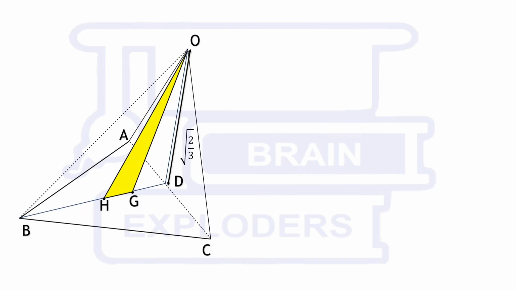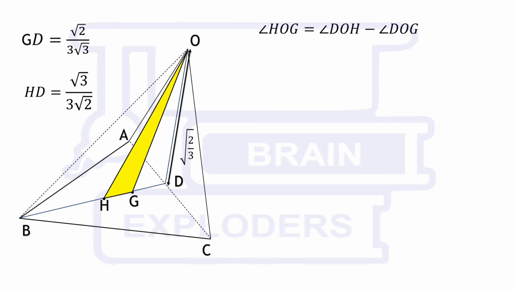Now we have this final figure with GD is equal to root 2 over 3 root 3 and HD is equal to root 3 over 3 root 2. Here angle HOG is equal to angle DOH minus angle DOG. Therefore tan of angle HOG is equal to tan of angle DOH minus angle DOG.